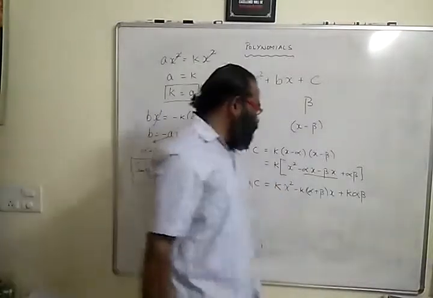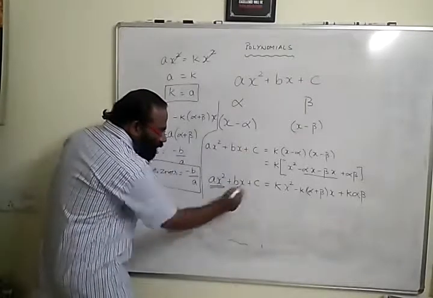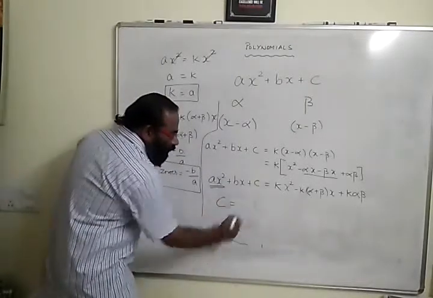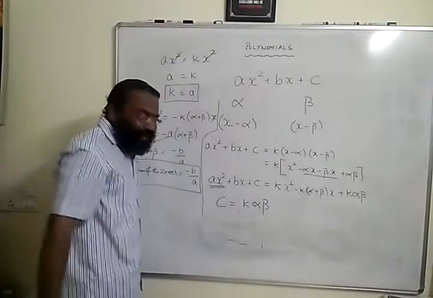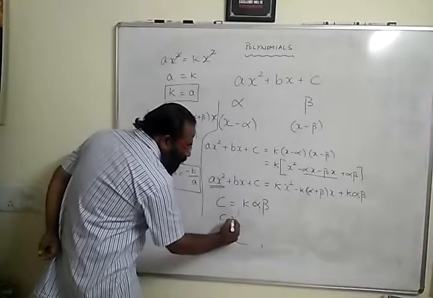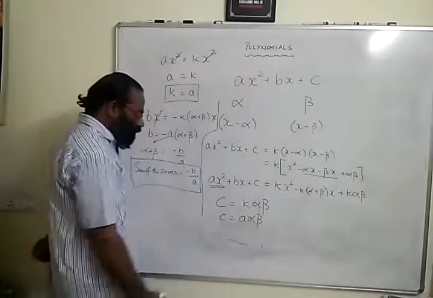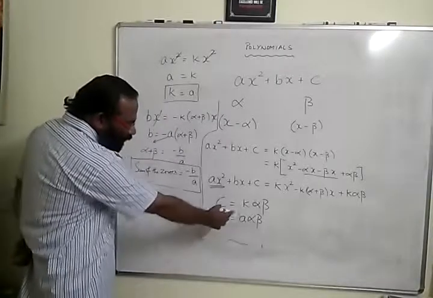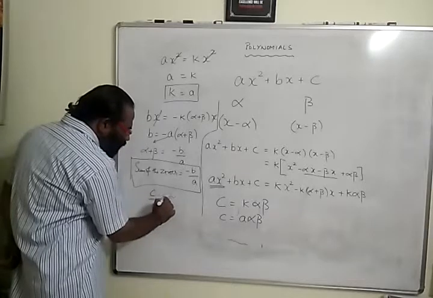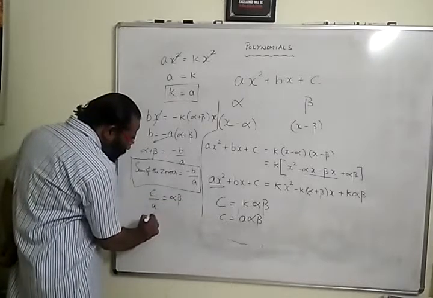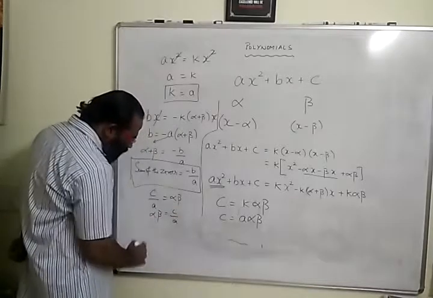The last term, the constant term: c is equal to k alpha beta. k is a, so I can write c is equal to a alpha beta. Bringing the a down, I can write it as c by a is equal to alpha beta, or alpha beta is equal to c by a.